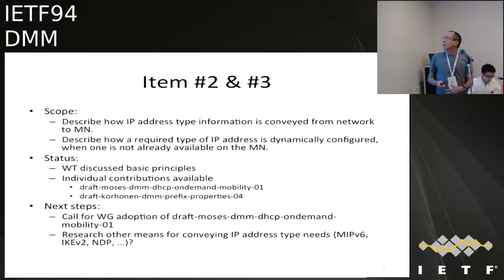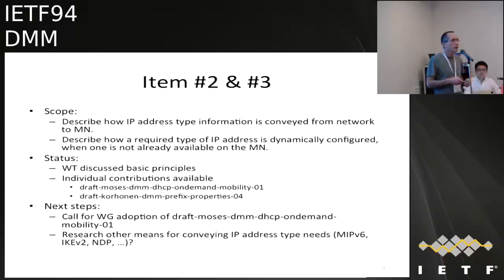Items number 2 and number 3 were related to the application requesting certain things from the stack. How is that request forwarded to the network? So there are 2 drafts on these items. The DHCP on demand draft, which I presented, I think the first version was about a year ago, and I received some inputs from various people and added them to the draft.